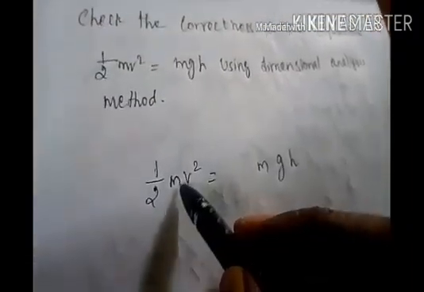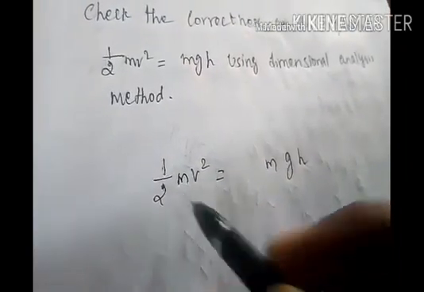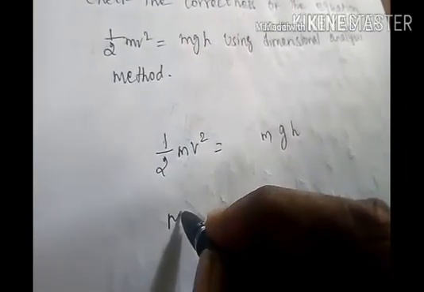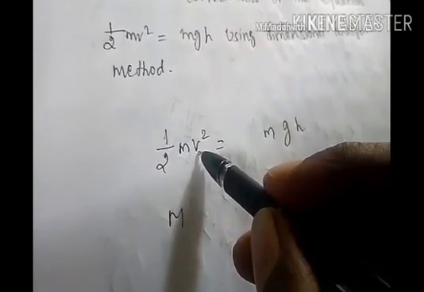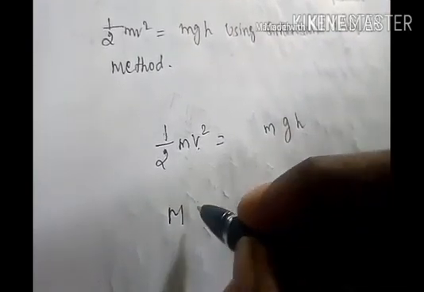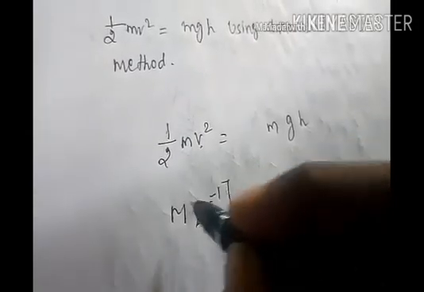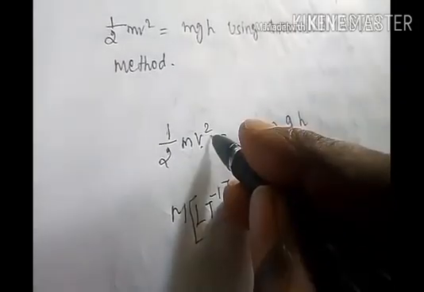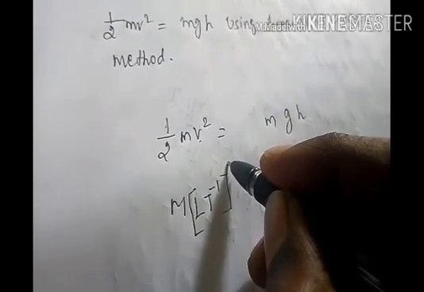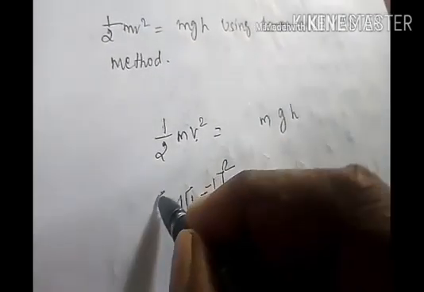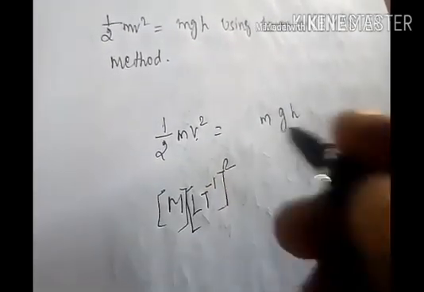So first here m is nothing but mass, dimension is capital M. So v is nothing but velocity, dimension is L t power minus 1. So here it is squared, so that's why I am putting the square. Okay, this also in square bracket.